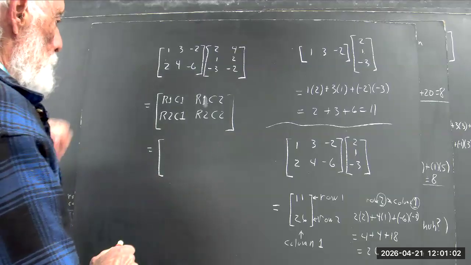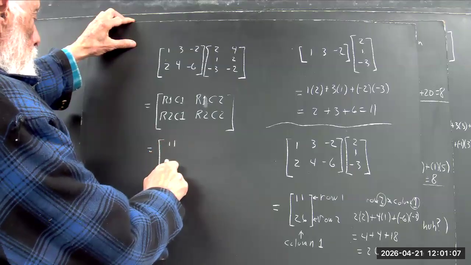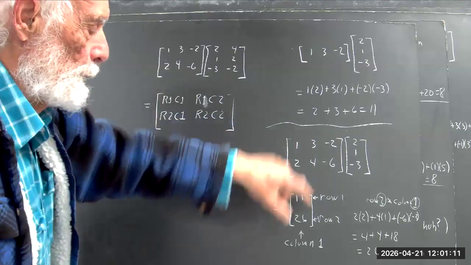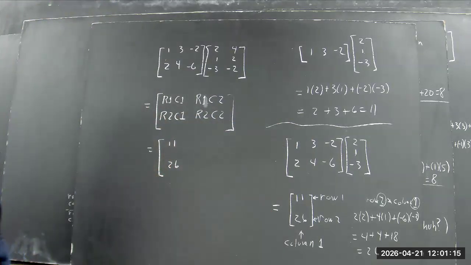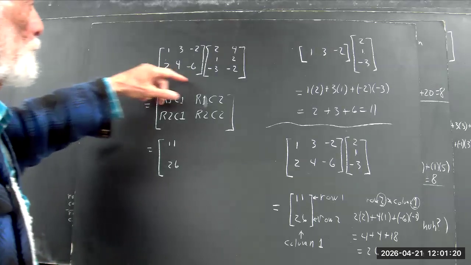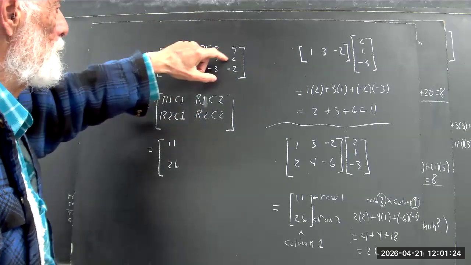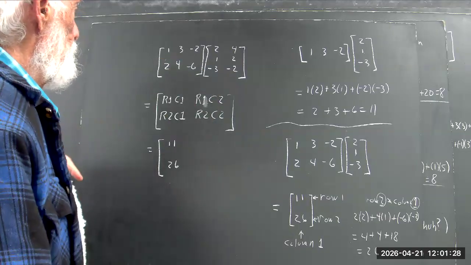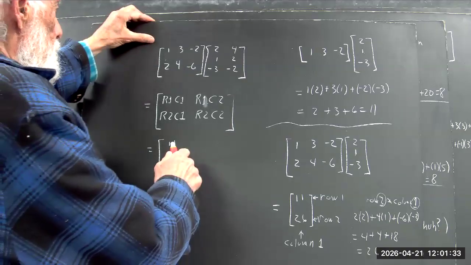Now, I think everybody probably got the right numbers. Well, row 1 and column 1 are the same as what we did before, so I know we've got 11 and 26 here. And once you know that, it's pretty obvious where the rest of them go. So row 2 times column 1, 2 times 4 is 8, 4 times 2 is 8, and -6 times -2 is 12, which gives us 28.